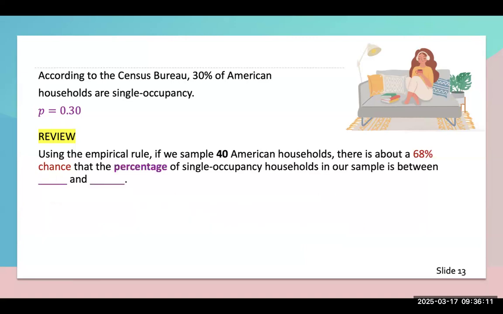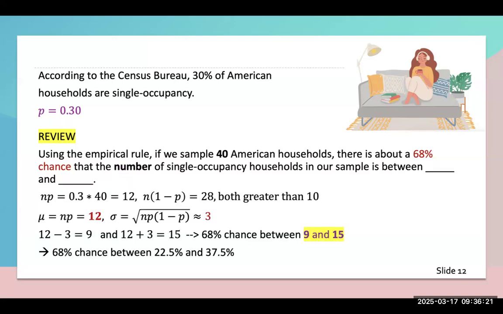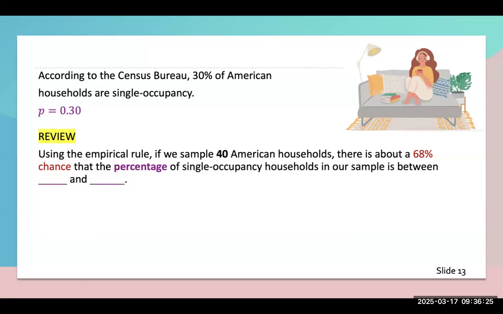So another way I could word this is that there is a 68% chance the percentage of single occupancy households in our sample is between those two percentages. We said 22.5 and 37.5. So between 22.5 and 37.5.